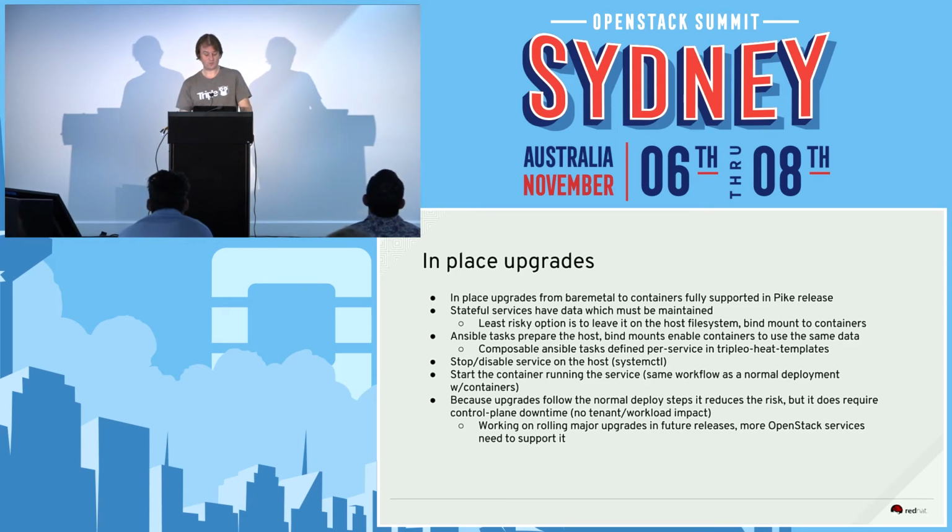So this has allowed quite a reduced risk approach to the major upgrades, and so far it's working quite well for us. It does require control plane downtime, but the tenant workloads are not impacted at all. In the future, we're definitely going to be looking more into allowing rolling major upgrades. A bit of a challenge there is that not all OpenStack services currently support it.